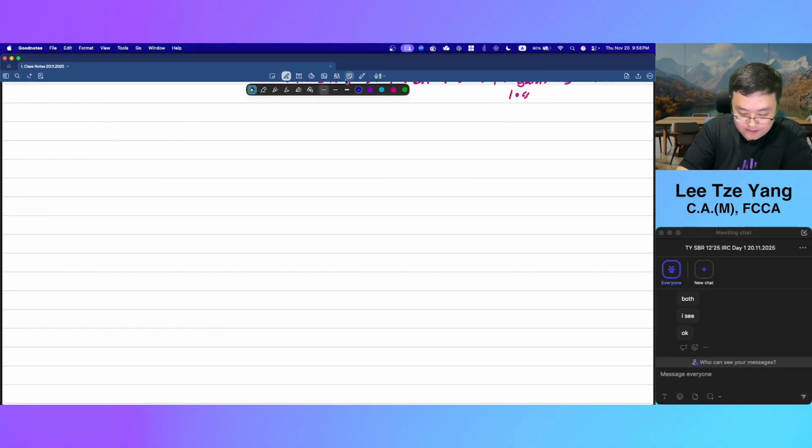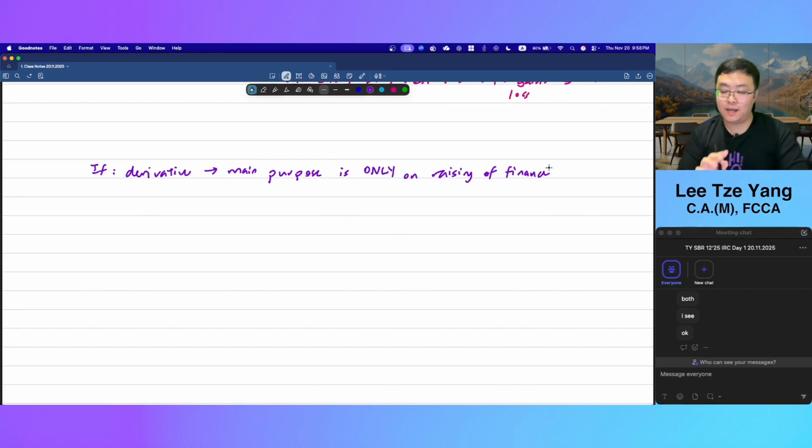If you have a derivative where the main purpose is only on raising of finance, meaning not for hedging purpose, but they want to raise finance, for example, relating to issue of shares in foreign currency. They want to issue shares in foreign currency.